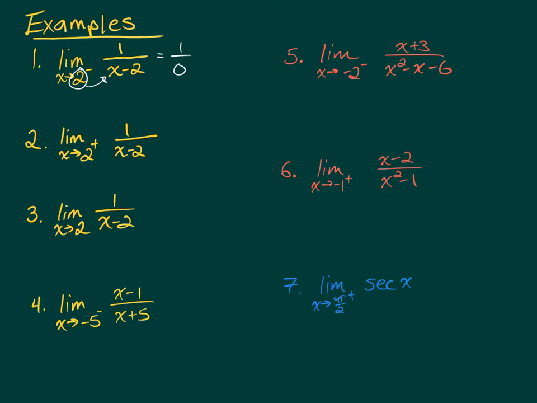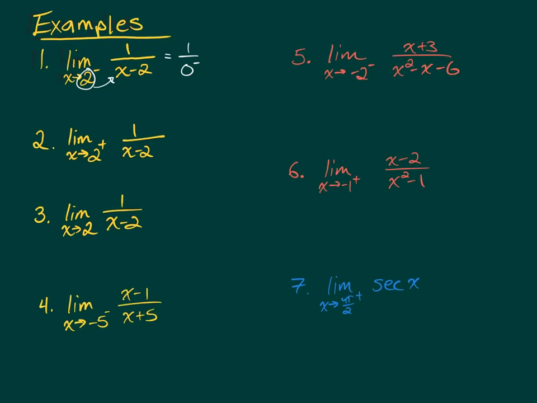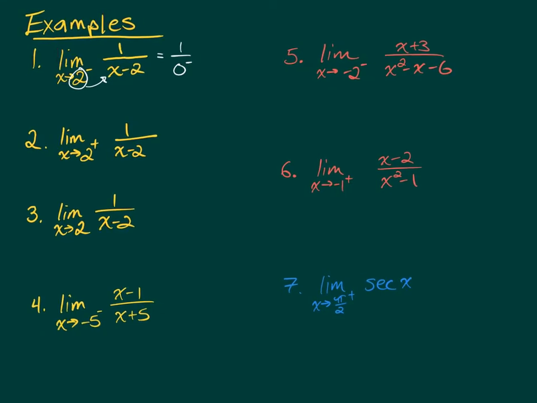So we can think of this as a 1 over 0 from the left. And you saw from the previous slide that a 1 over 0 coming from the left gives you a negative infinity.